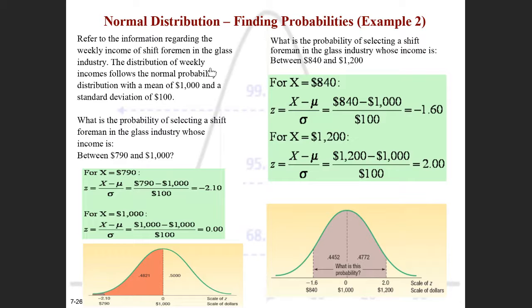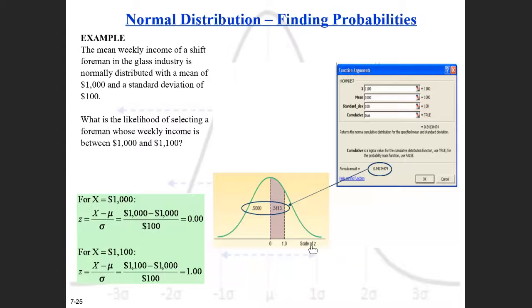So if you refer to the information regarding the weekly income of a shift foreman in the glass industry, the distribution of weekly incomes follows a normal probability distribution with a mean of 1,000 and a standard deviation of $100. Okay? So if we go back here, what's the likelihood of selecting a foreman whose weekly income is between $1,000 and $1,100? No one? What do you have to do here?